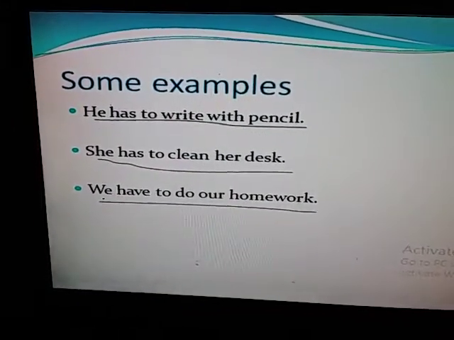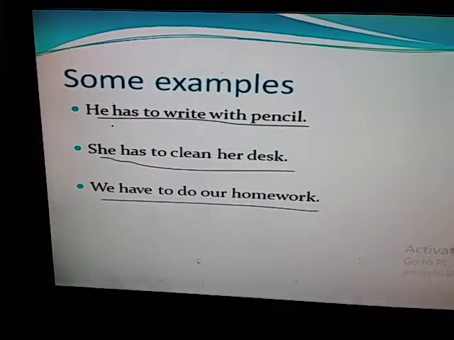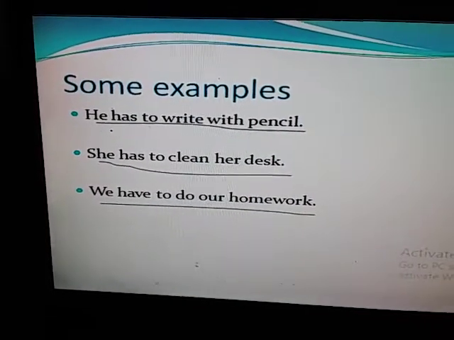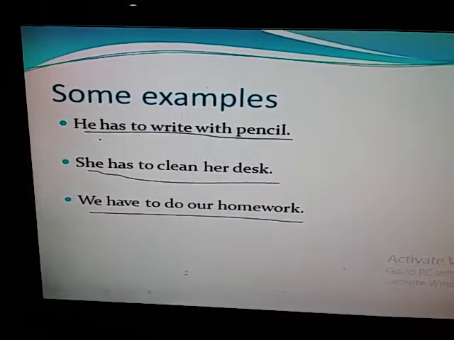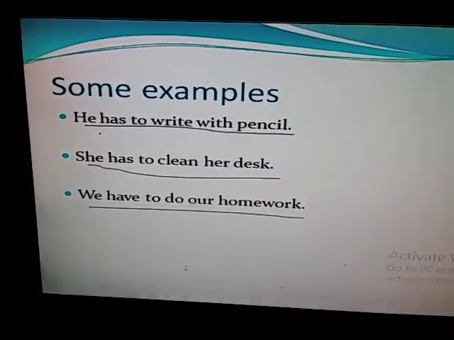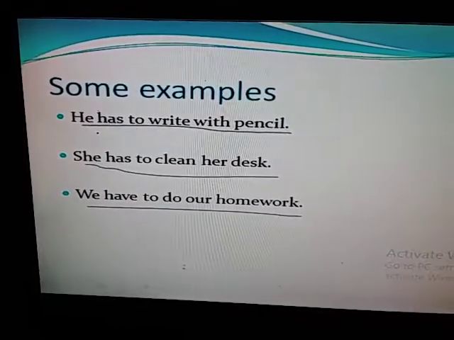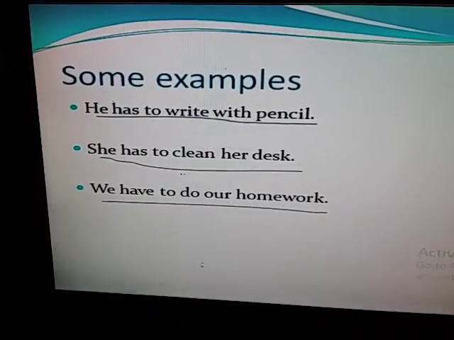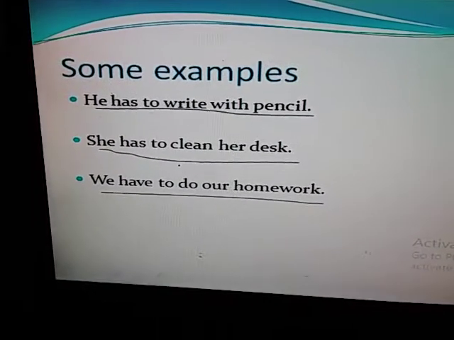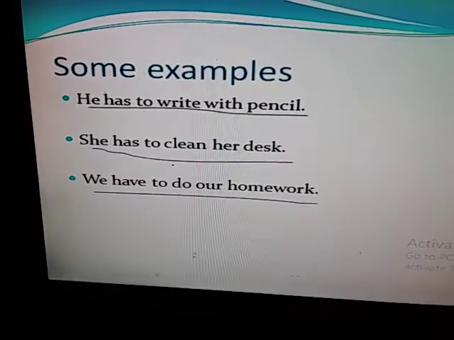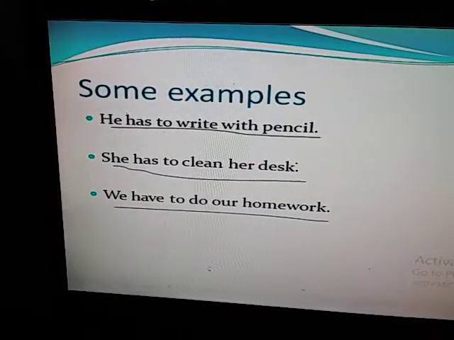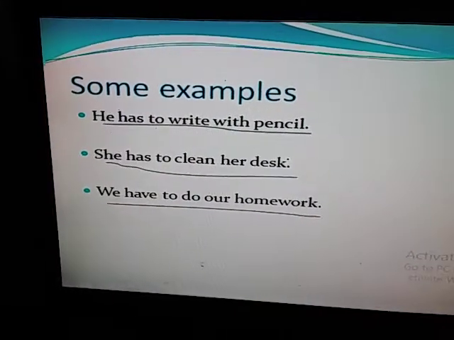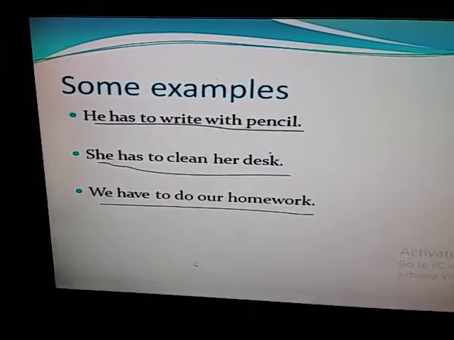So from these sentences we can say we use has to or have to in present tense to show that the subject does the work due to external circumstances.